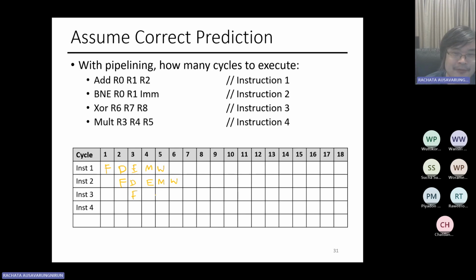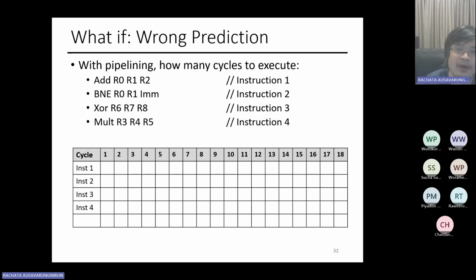You guess to fetch the XOR. Then again, you guess that it's not a branch instruction, right? You guessed correctly, fully pipelined, and really good performance. So if you do a good job at guessing, you're going to perform well.